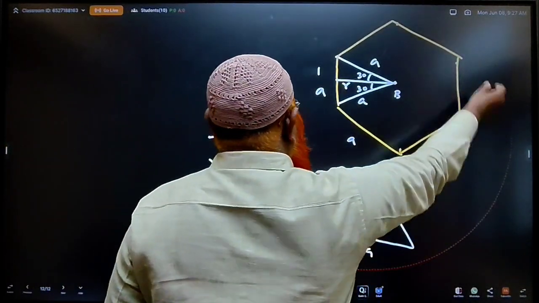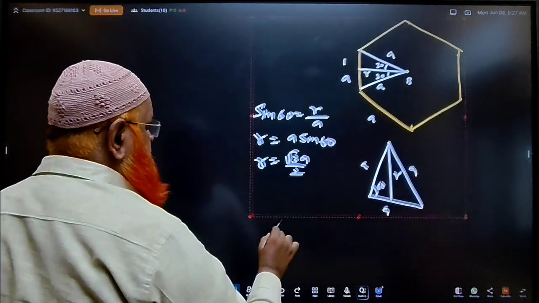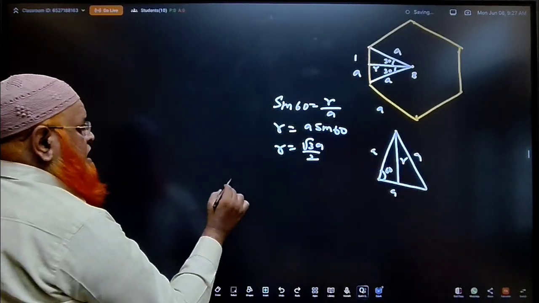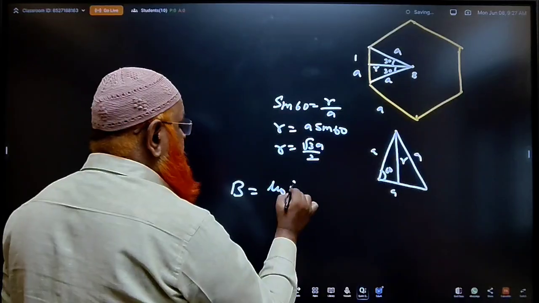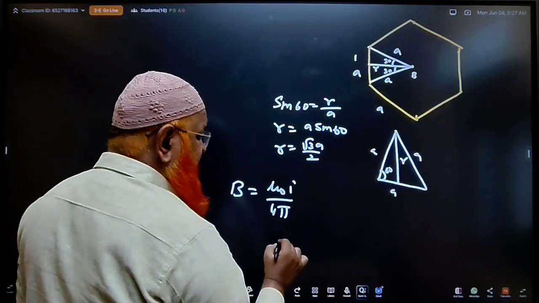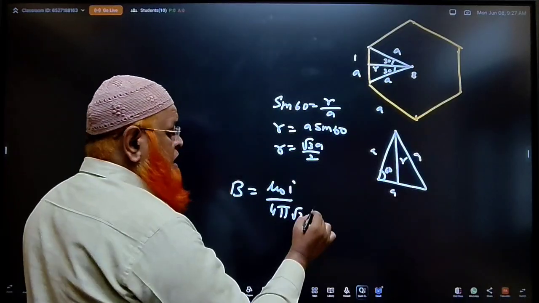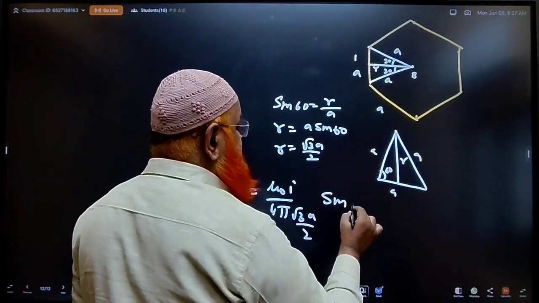So if I get the value of R, how can you find B? By using the Biot-Savart law. What is the basic formula here? B is equal to mu naught I by 4 pi R, where R means root 3 A by 2, and this is going to be sine 30 plus sine 30.